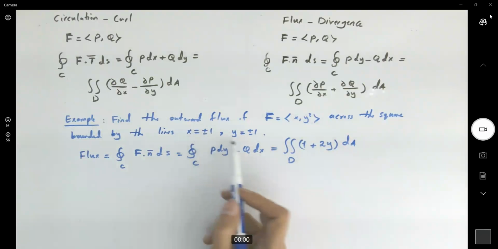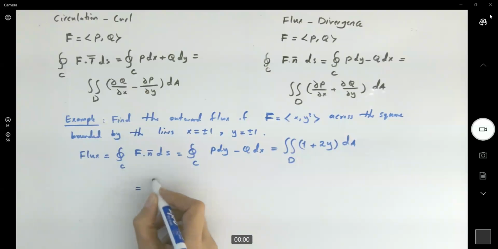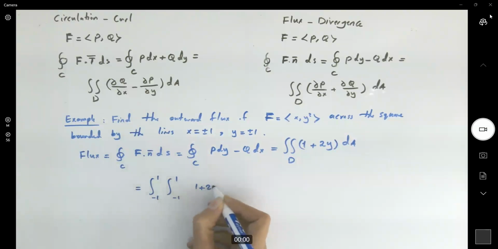Here you have the boundaries for your x, you have the boundaries for your y, they are fixed. So this double integral, from -1 to 1, -1 to 1, of 1 plus 2y.